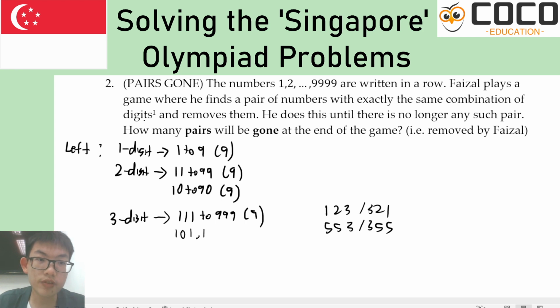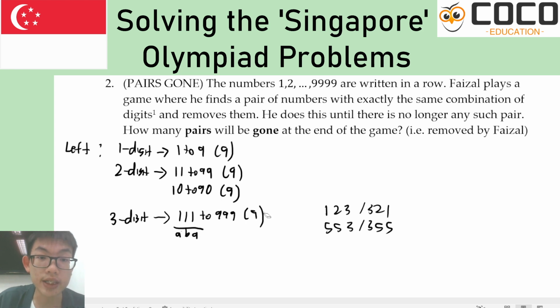And at this juncture, we say all of the palindromes, but there is a slight bit of nitpicking to do. So this is a bit sneaky. Now I want to talk about this combination of ABA, but the 111 to 999 has already absorbed the A equals B case.